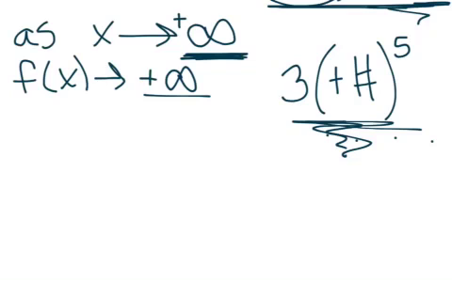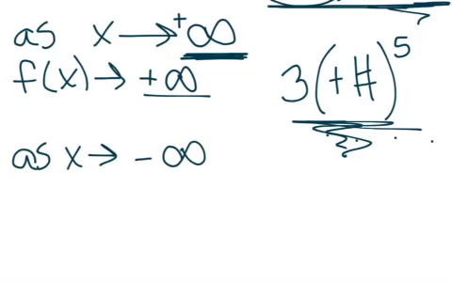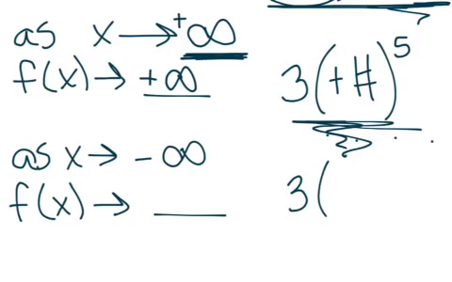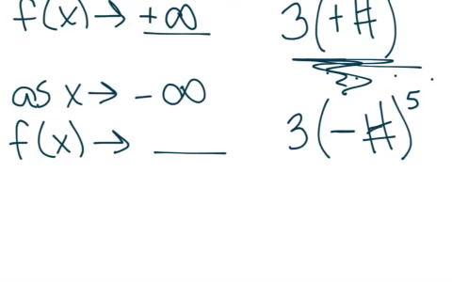Okay, let's look at as x goes to negative infinity. What does the graph do? Alright, so now I'm going to picture, using that term again, putting in a negative number. Okay, so if I put a negative number in here, any negative number raised to an odd power is going to remain negative.